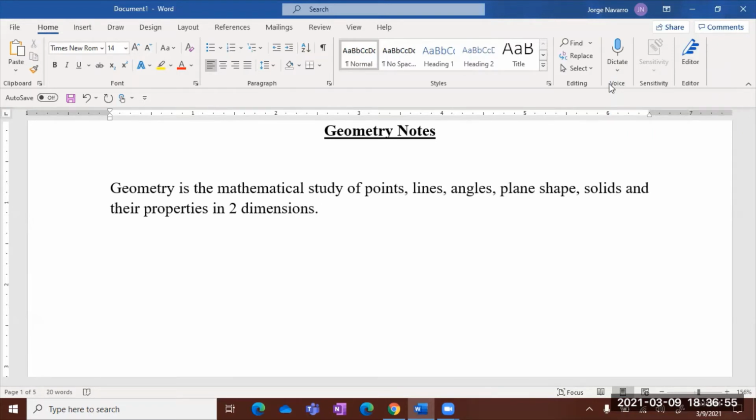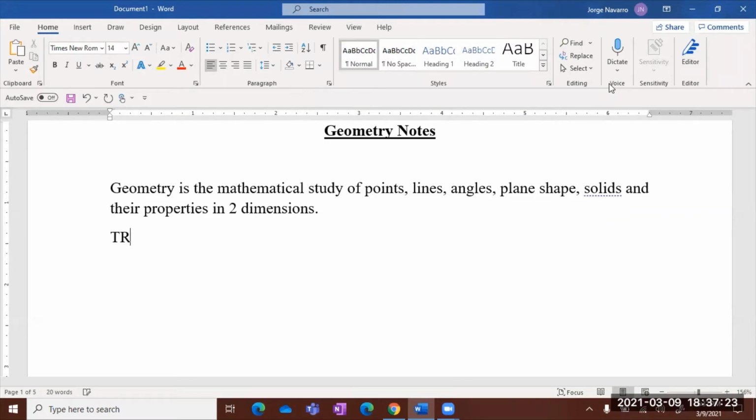But since we're using the English translation, we say that geometry is the mathematical study of points, lines, angles, planes, shapes, solids, and their properties in 2 dimensions. And notice it is 2 dimensions, meaning that in 3 dimensions, these properties are very, very different.